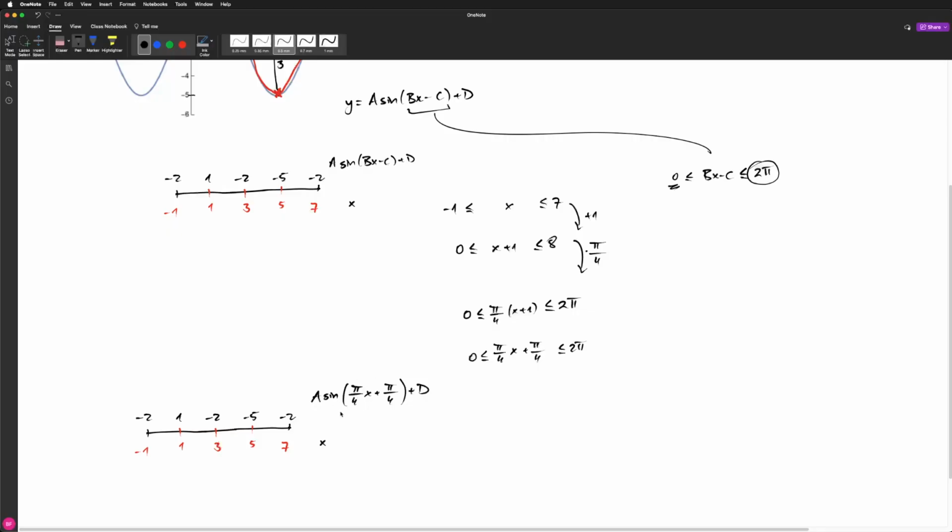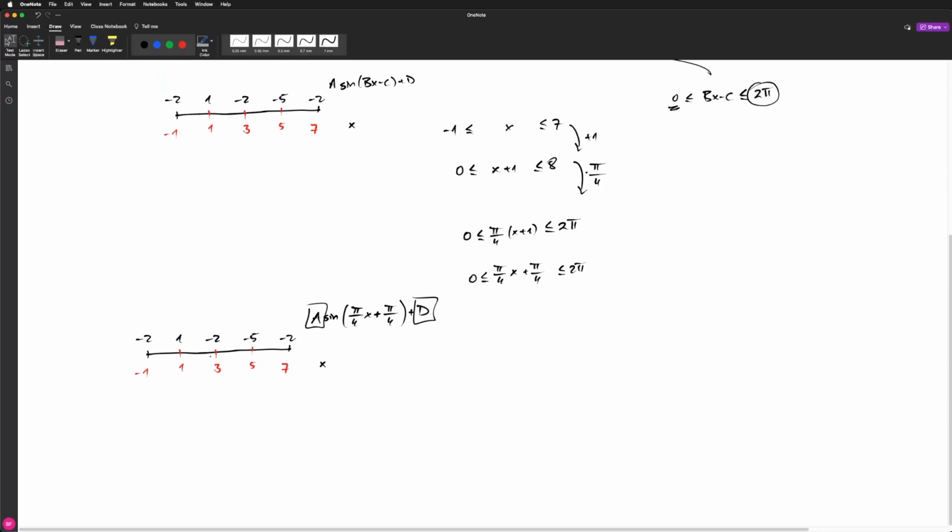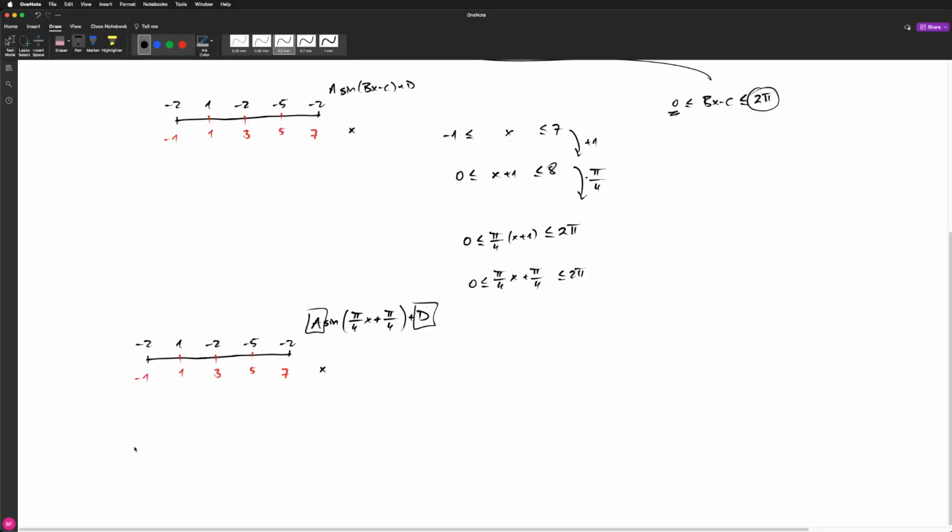I'm not using those, so for me, I'm just putting whatever I obtained here. And to figure out a and d, you need to find out how to get from 0, 1, 0, -1, 0.